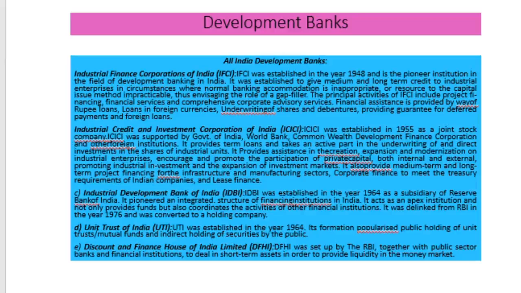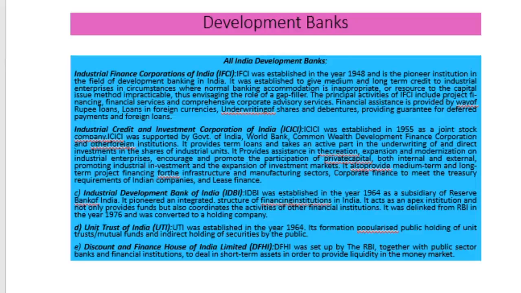It was established in 1955 as a joint stock company, supported by the Government of India, the World Bank, the Commonwealth Development Finance Corporation and other foreign institutions. It provides term loans and takes an active part in the underwriting of direct investment in shares. That is, they mainly provide industrial term loans for the industrial sector.